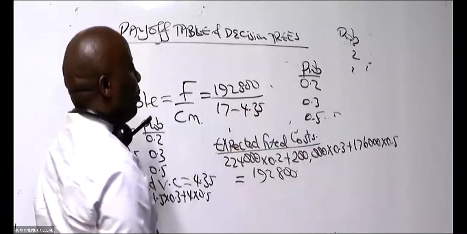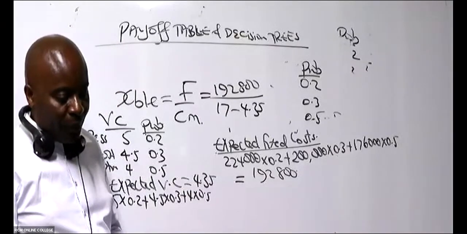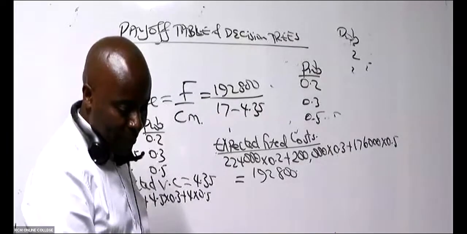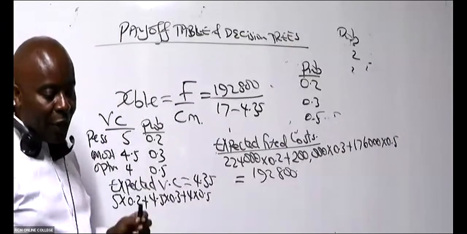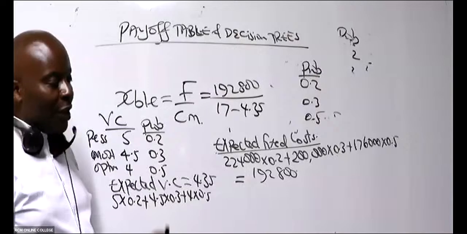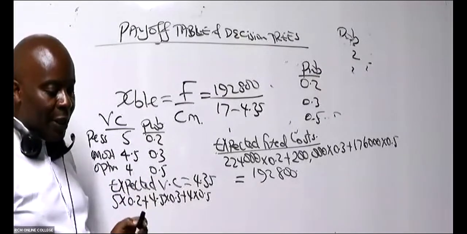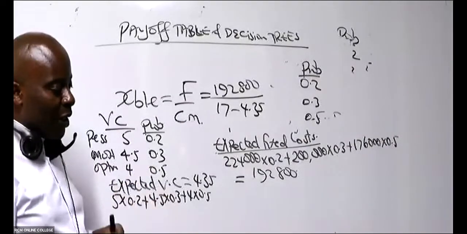Is there somebody who is able to give us an answer now? 15,241. That is what you needed to have done to get the break-even quantity. The examiner there was a little bit tricky, but that's okay.